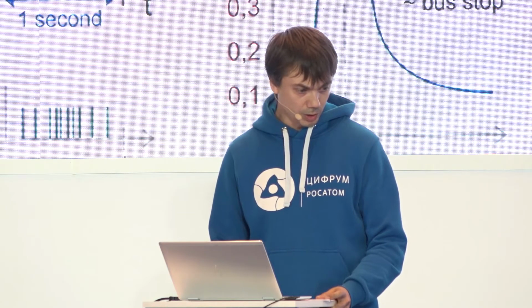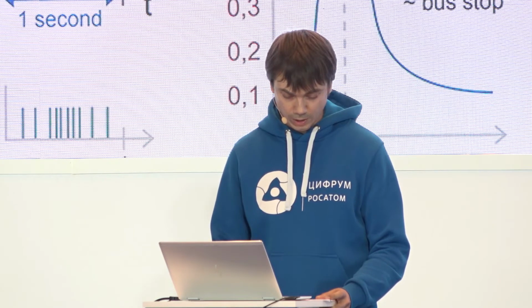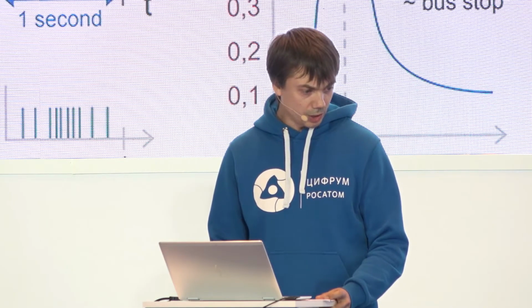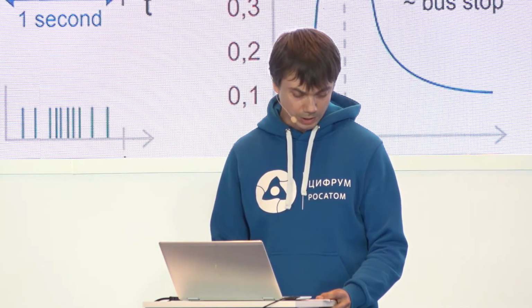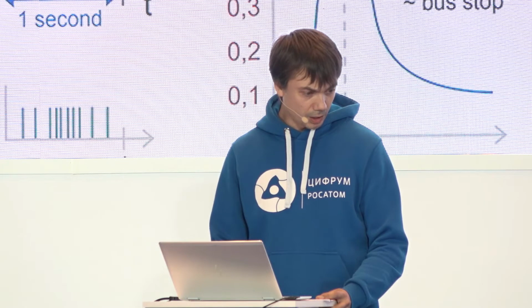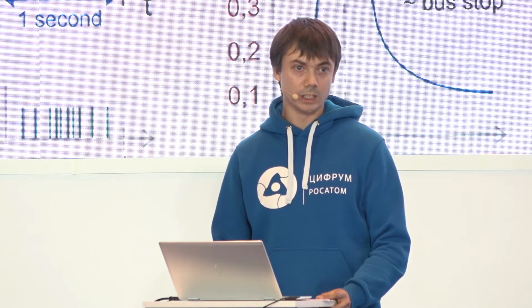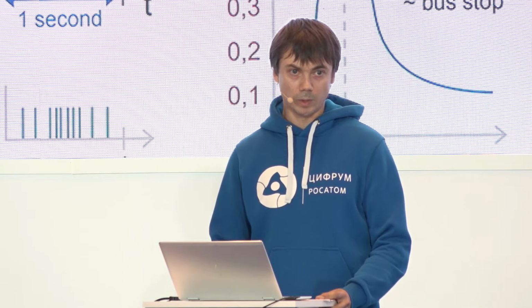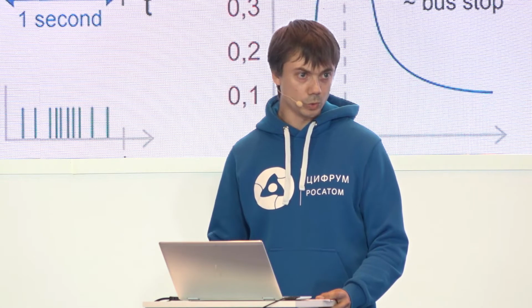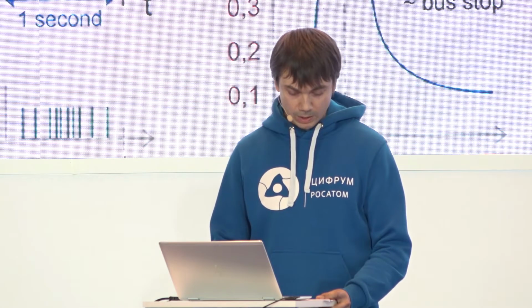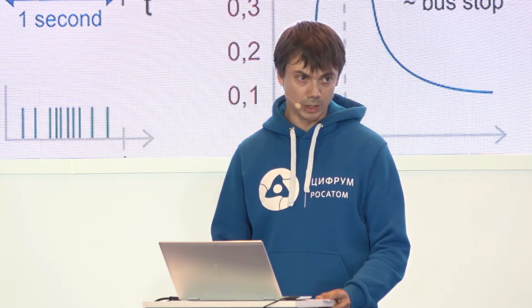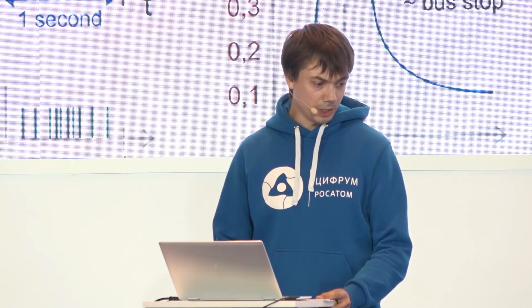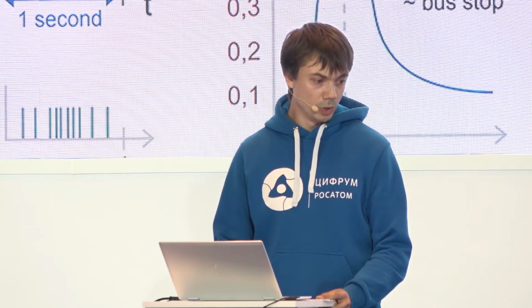Let's plot the membrane potential once again. There is a resting potential, V rest, which is about minus 60 millivolts. When no one kicks the neuron, the membrane potential flows to this value. But due to synaptic potentials and the temporal summation effect, the membrane potential starts to grow.